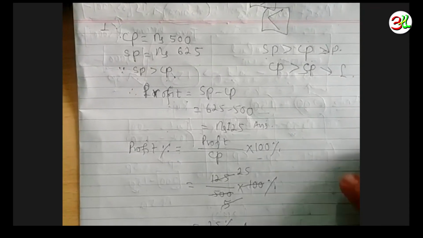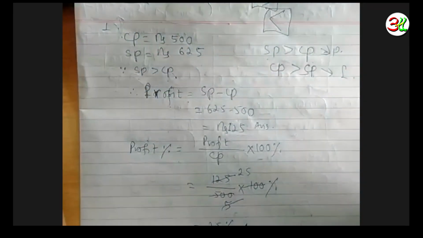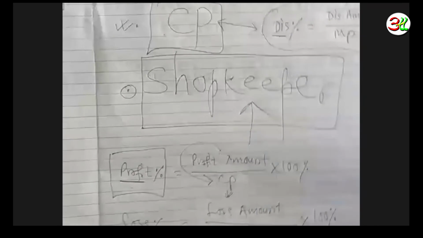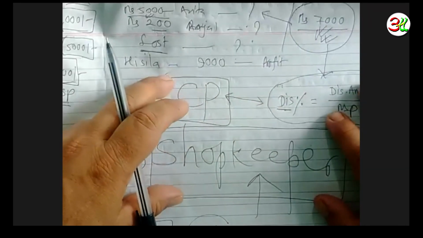So what I have discussed: how to find out profit, how to find out loss, and then how to find out profit percentage and loss percentage. See here very carefully.